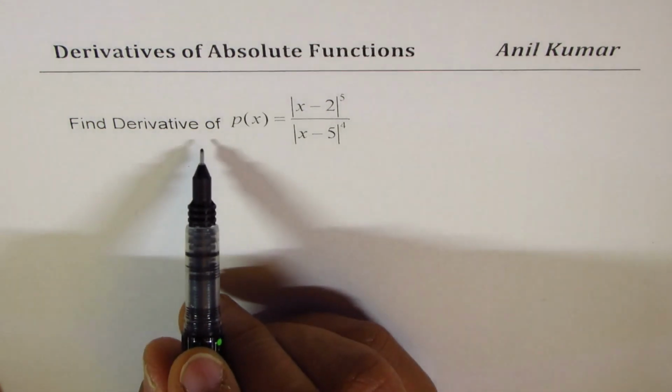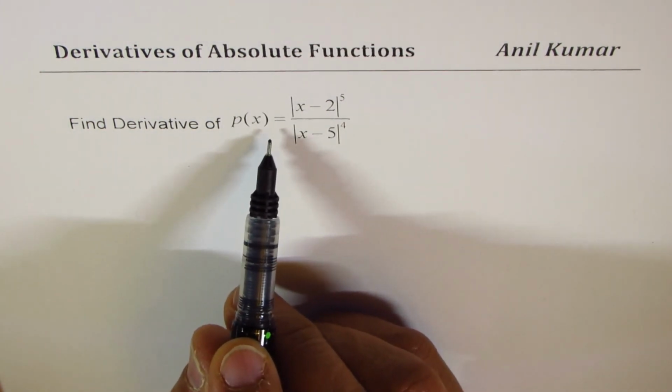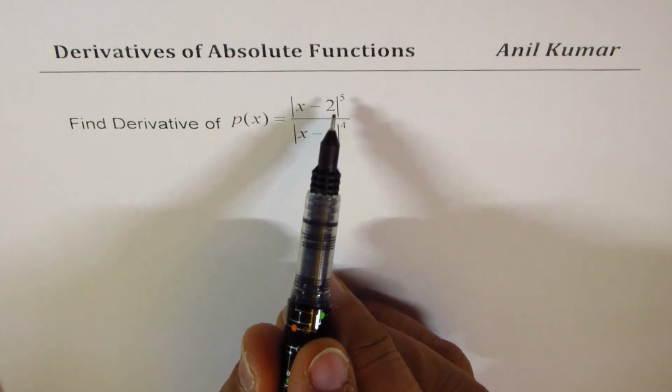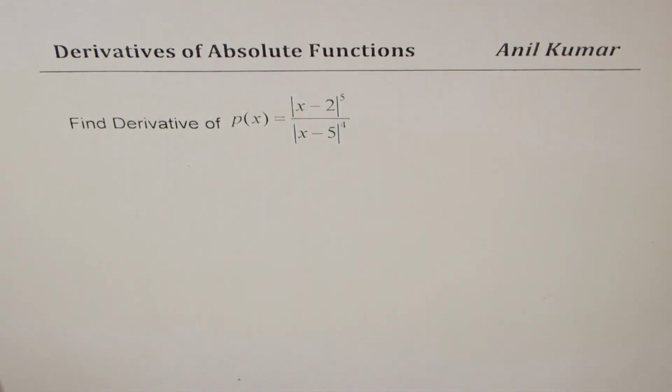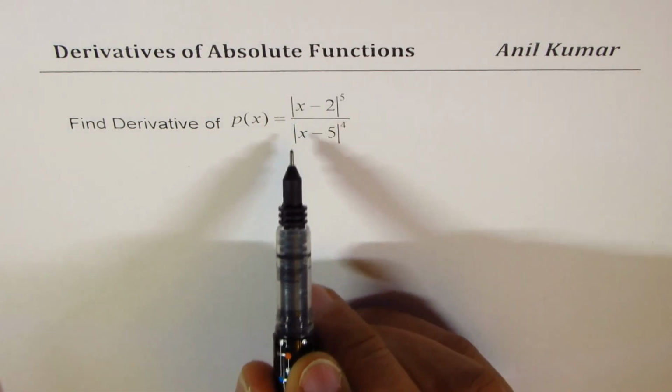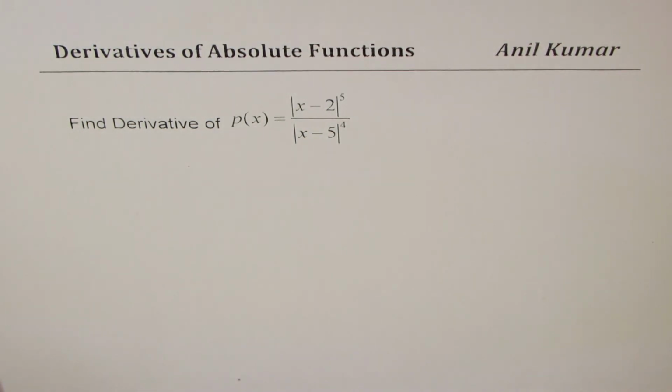We need to find derivative of p of x, which is equal to x minus 2 to the power of 5 divided by x minus 5 to the power of 4. Now to begin with, let us write them as a piecewise function.